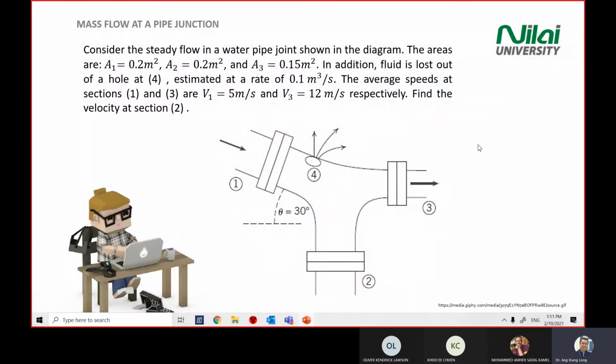If you go to Moodle and download the chapter 3 tutorial, this falls under question number 8. You have a diagram like what you see on the screen here, right? We have a pipe with 3 inlets or outlets, so in this case we have points 1, 2, 3, and 4 to consider.